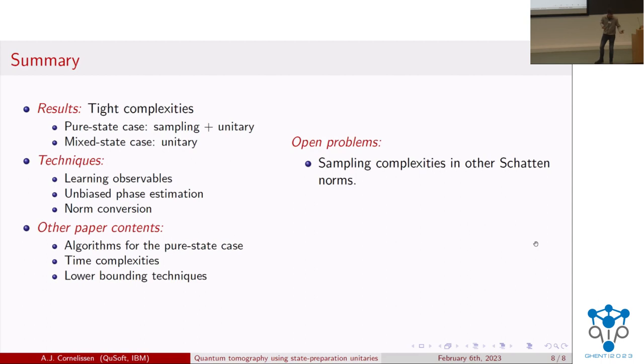Finally, there are two open problems. One is that in the mixed state case, there are still some other norms that you can consider for estimating the density matrix. These were all the dashes in the table that I showed you, so it would be interesting to look for a better algorithm there.